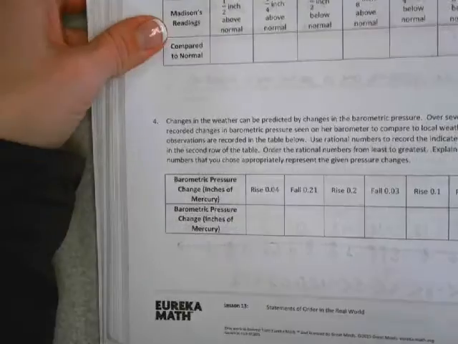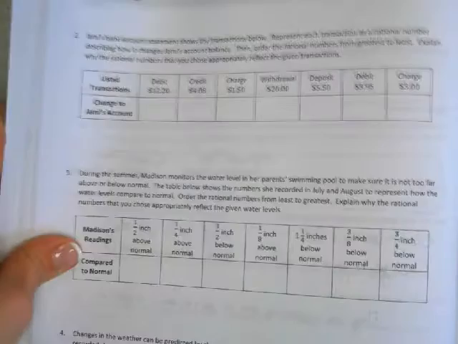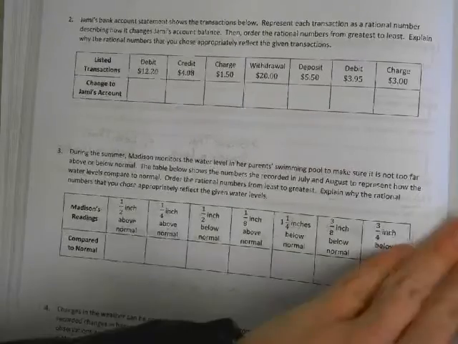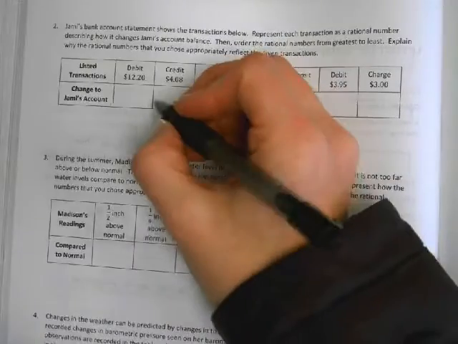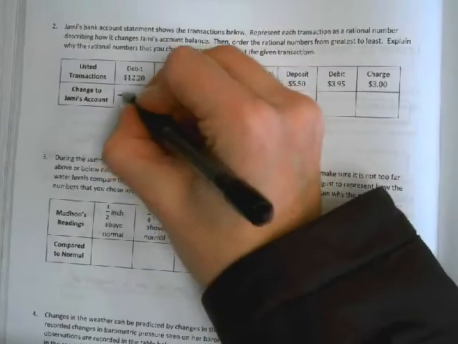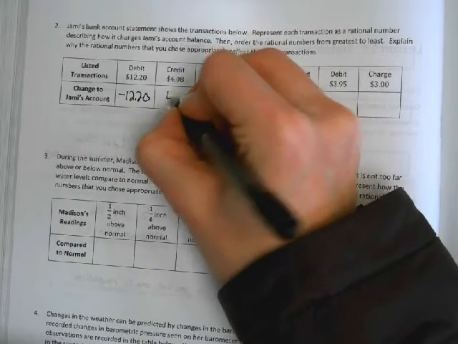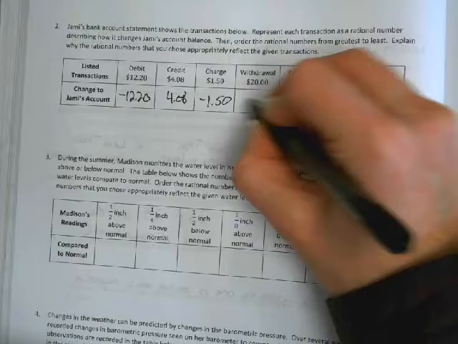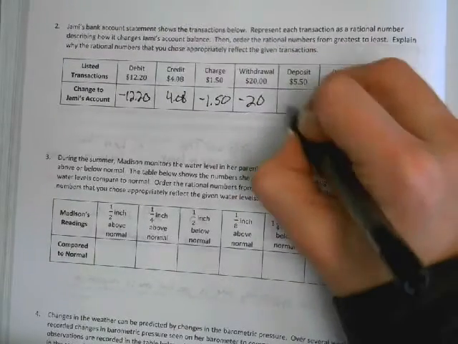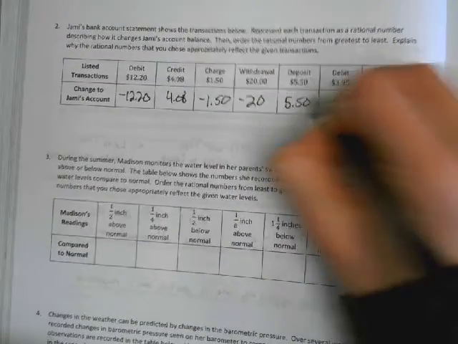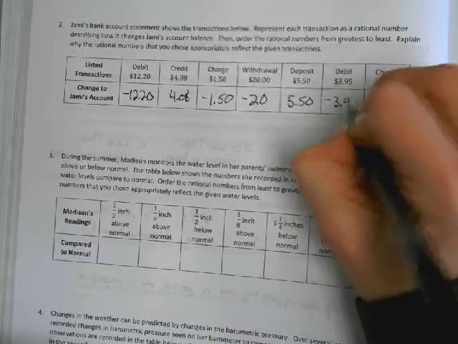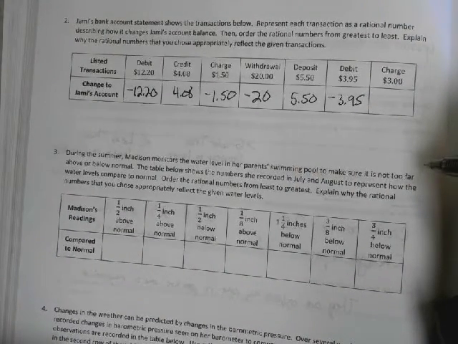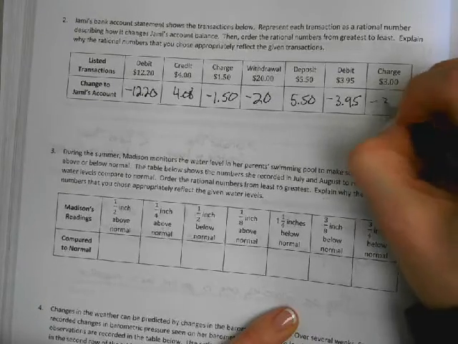Number 2, here at the top, it talks about debit and credit and charge. So we have a debit is negative, credit is positive, a charge is negative, a withdrawal is negative, a deposit is positive, a debit is negative, and a charge is negative.